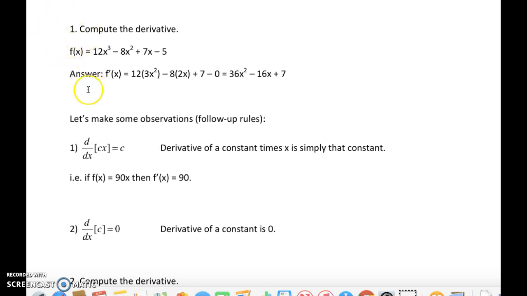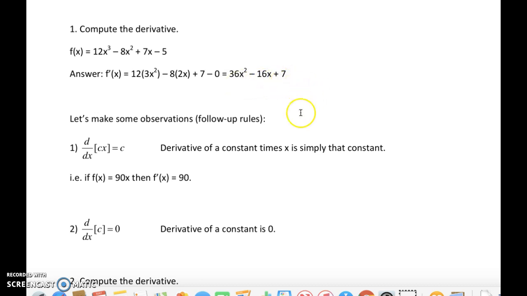So the derivative is equal to 12 times 3x squared, which is the derivative of x cubed, minus 8 times the derivative of x squared, which is 2x, plus 7 times the derivative of x, which is just 1, and then minus 0 because the derivative of any constant is equal to 0. And we end up with 36x squared minus 16x plus 7.